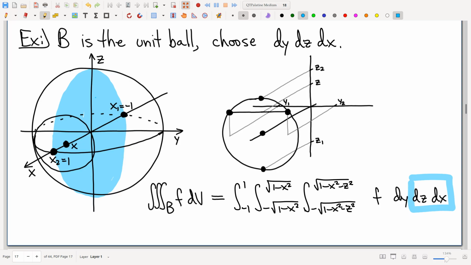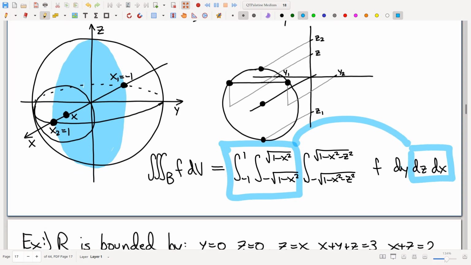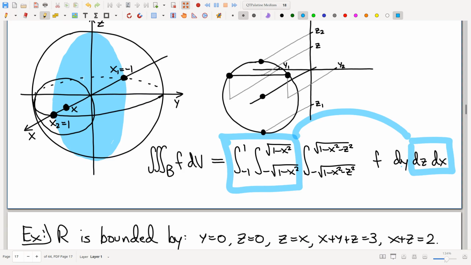And I know how to slice up a disk. This is a double integral argument. Good to make sure you can go through these details, but looking at the picture, it's the unit disk in the XZ plane, and if you slice that up in this order, these are your bounds. Two-dimensional picture, two-dimensional argument, not geometrically challenging, not artistically challenging. Okay?